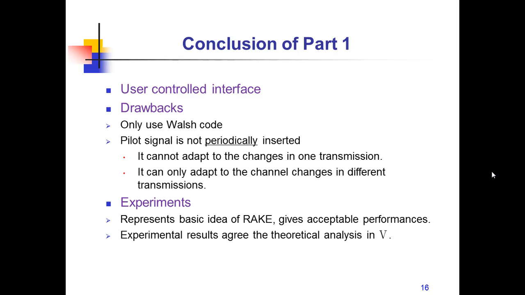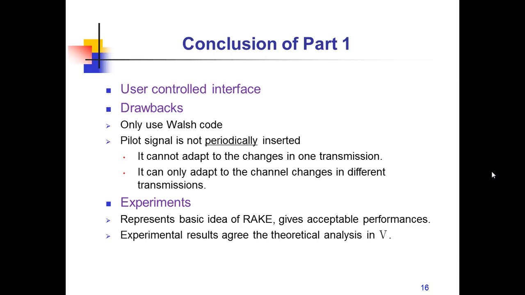Now let me draw a conclusion to part 1. First, the main work of this project is developing a simulator with a user-controlled interface, but it has some drawbacks. For example, it only uses the Walsh code. It does not utilize more efficient codes like the Gold sequence, and the pilot signal that is attached to the transmitted signal is not periodically inserted.